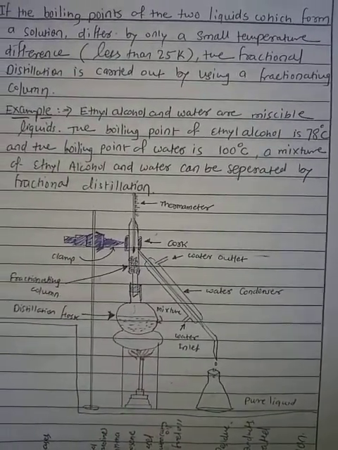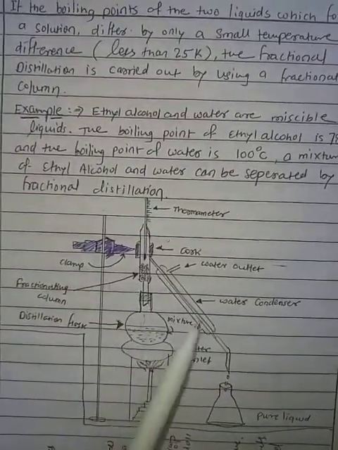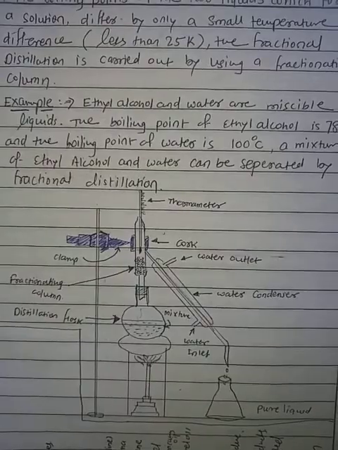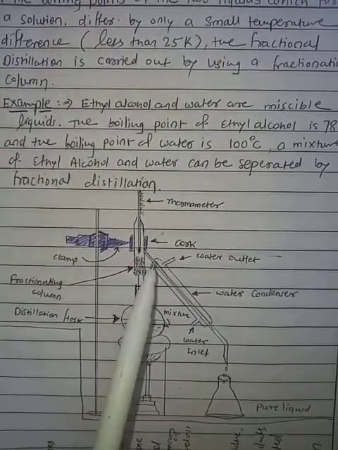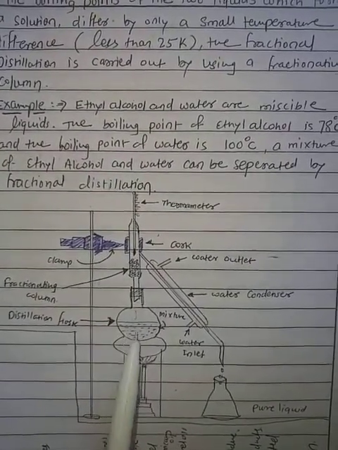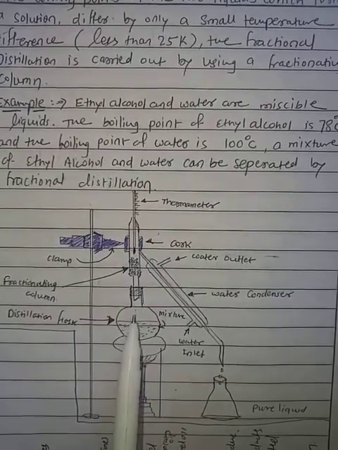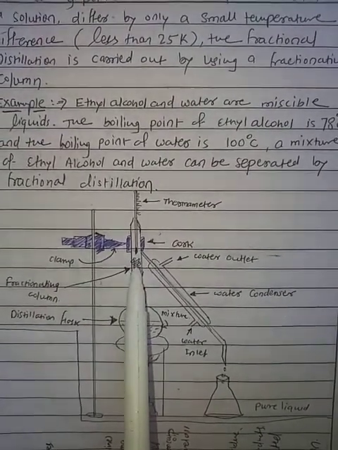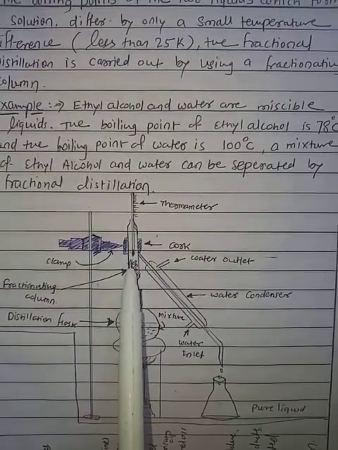We will see again, the arrangement is the same as our simple distillation flask, but here with the fractionating column. When we start heating, the vapor reaches a temperature of 78 degrees Celsius first, then after that 100 degrees Celsius.